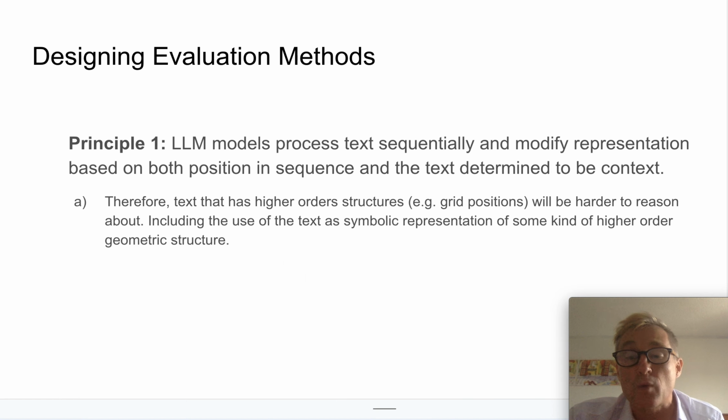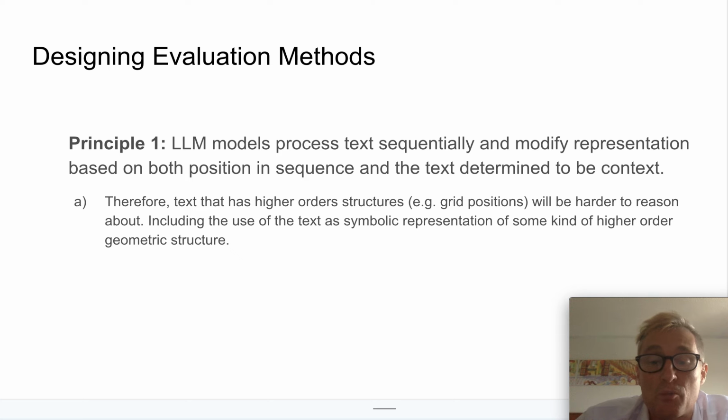A couple of principles we're proposing in this particular work: first of all, the fact that the models process the text sequentially and modify the representations based on either the position in the sequence or the surrounding text as the context should mean that text with higher-order structures, like some sort of grid position, is not just sequential, not just one-dimensional. It's where it is in relation to the number of newline characters, or in relation to some characters which are defining some kind of geometric pattern.